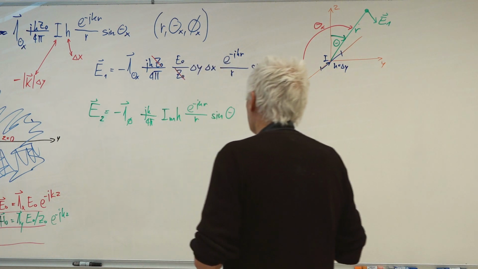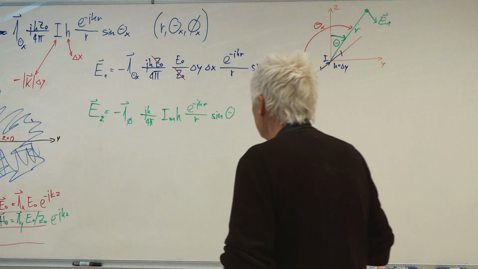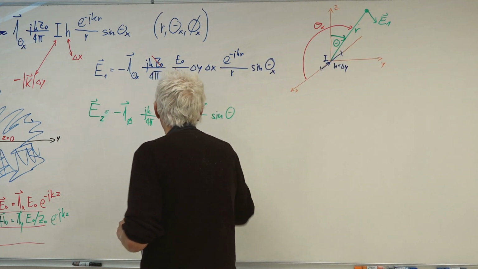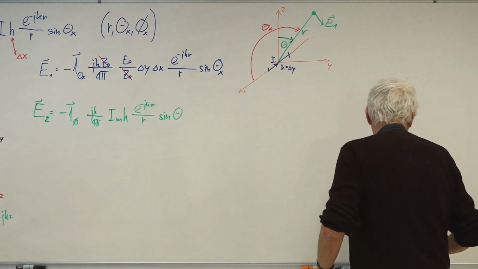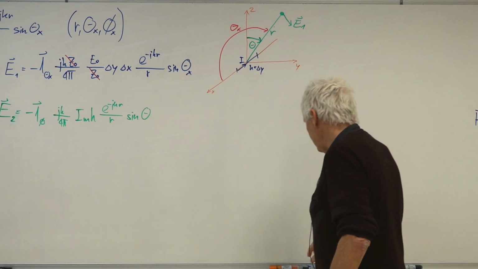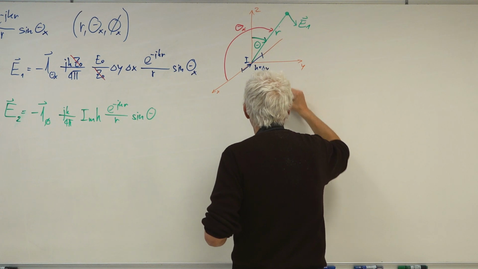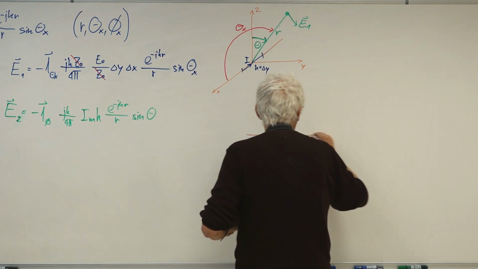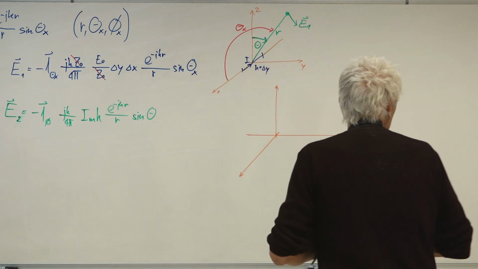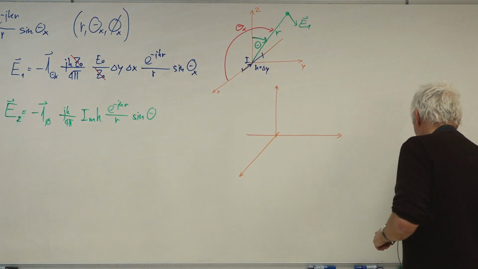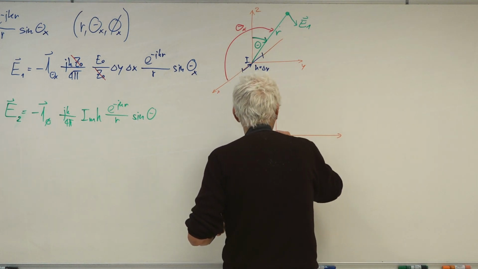But we have to be careful. Why? We have to be careful because now where is this magnetic current oriented? I should redraw this drawing here. The magnetic current flows in yet another direction. So if I remake the drawing here, the magnetic current is actually here in the y-axis.